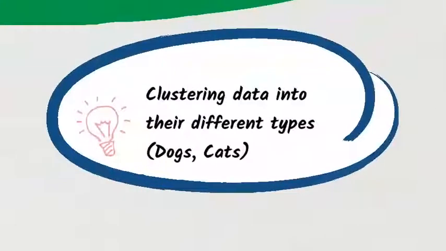The example is that you cluster different objects into their respective clusters. For example, dogs and cats. You've got various images of dogs and various images of cats. What you do is cluster the dogs in one separate cluster, and the cats into another separate cluster.